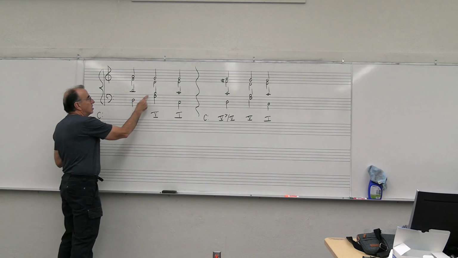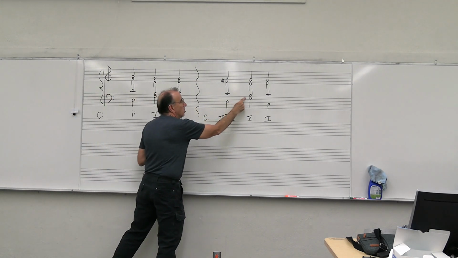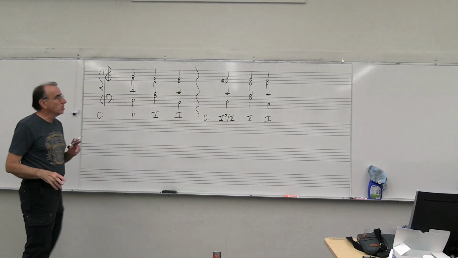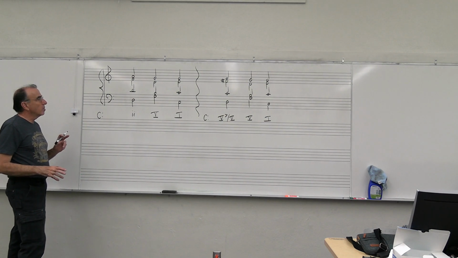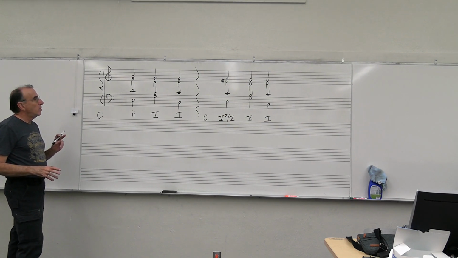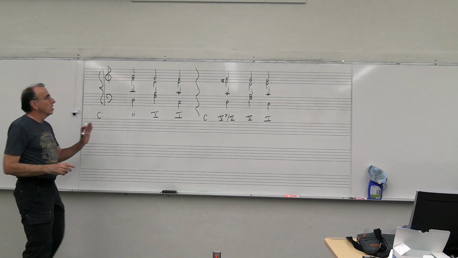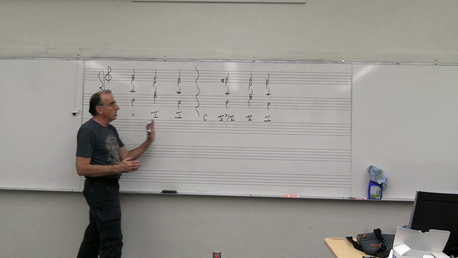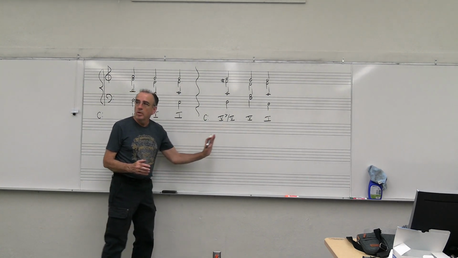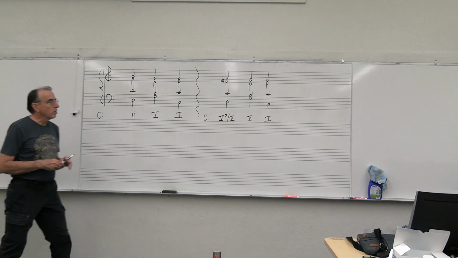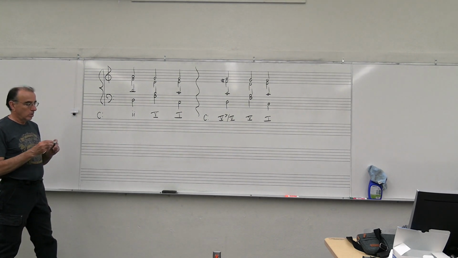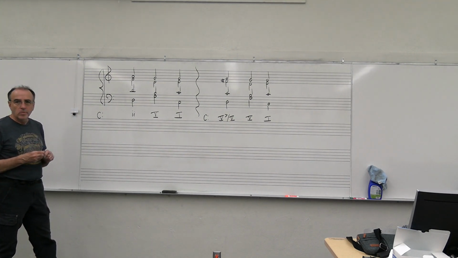D to G, D to G, same root progression. We're just using a minor triad here or a dominant seventh here. But it's the strength of the root progression that really makes it work. Does that make sense?